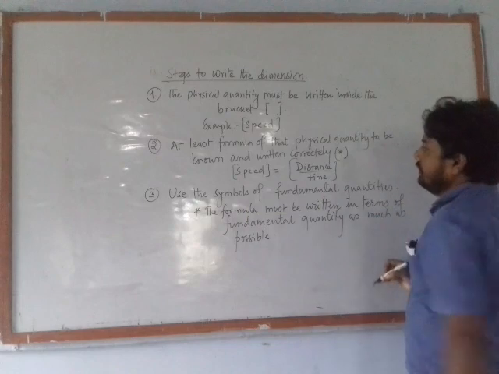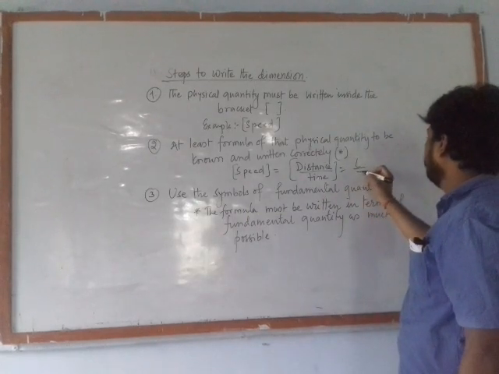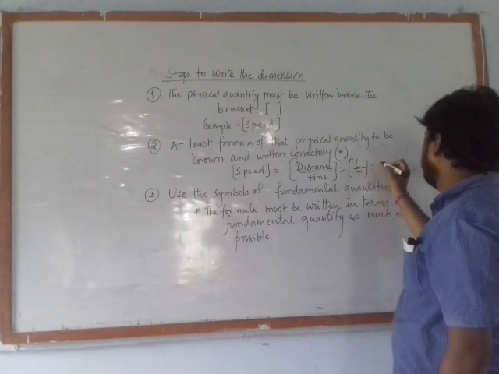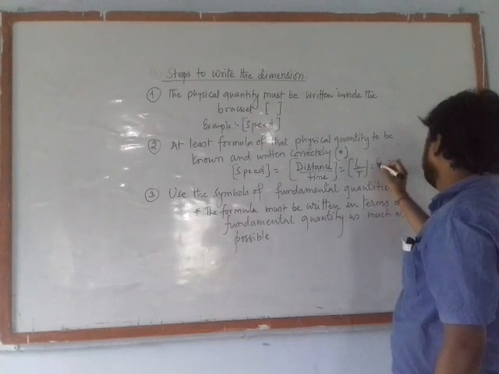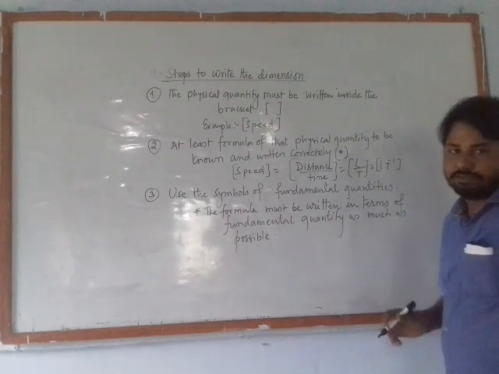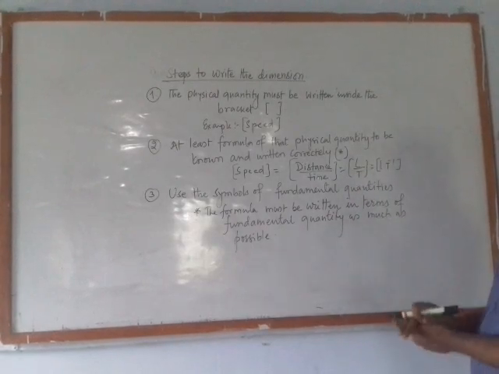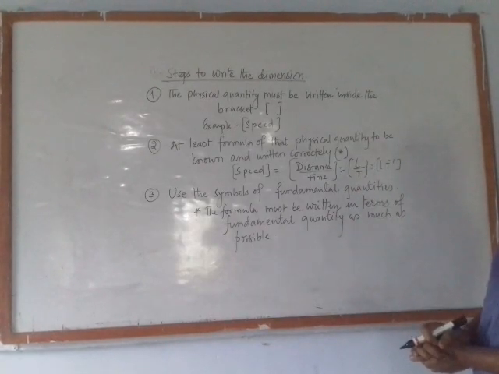Like I have written here, distance means this is length by time. So later on you can write here T to the power minus 1 is the dimension of speed. So by following these three steps, we can write the dimension of any physical quantity.